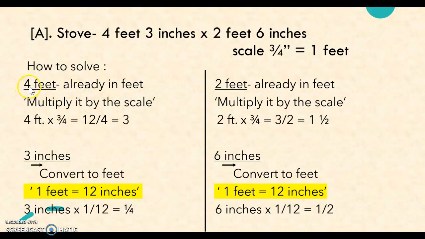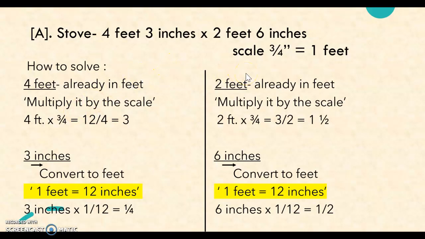We'll be taking the first part, which is 4 feet. As we see, it is already given in feet, so it doesn't need a conversion. We directly follow the next step, which is to multiply the given unit by the scale. So we get 4 feet into 3 by 4, which gives us 12 by 4, and by further simplification, we get the number 3.